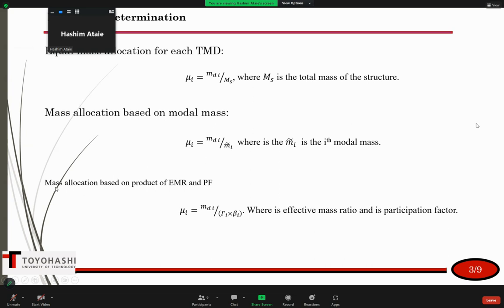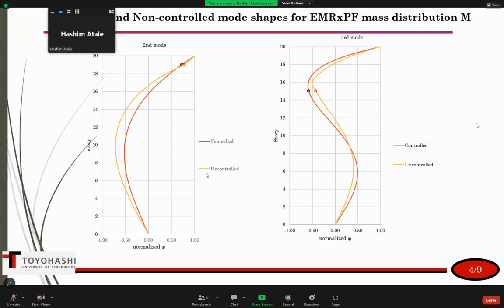In this case, the mass distribution is done based on the participation effective mass ratio and concentration factor. Then I divided the mass of each TMD over my participation factor. So my result changed. Before that, I also used the mode node text file of the output.